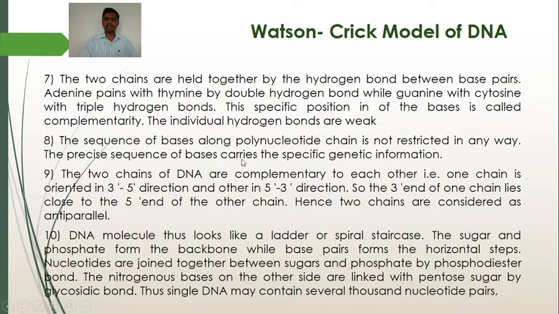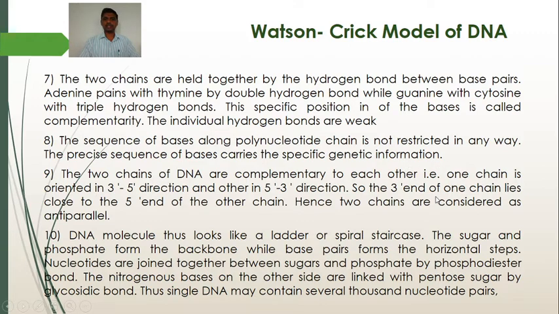The sequence of bases along the polynucleotide chain is not restricted in any way. The precise sequence of bases carries the specific genetic information. So the sequence of nucleotides is useful for carrying the specific genetic information.